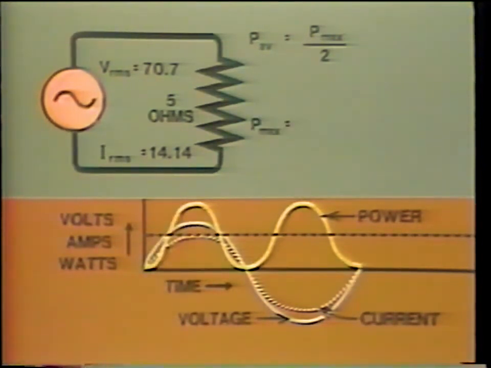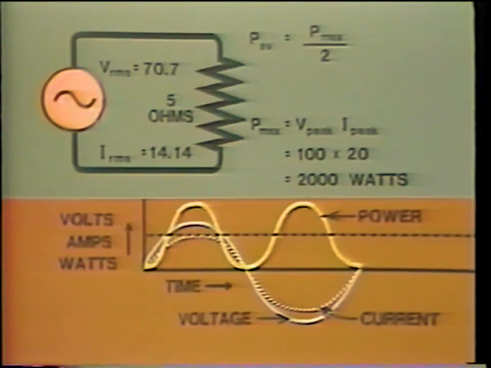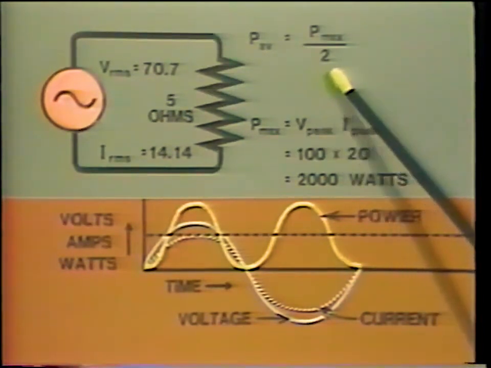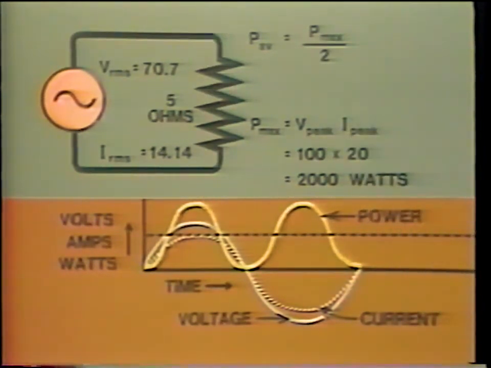The peak value of power is simply the peak voltage times peak current, which equals 100 volts times 20 amps, and this is 2,000 watts. What is the average power over the cycle? As we just saw, average power equals power max divided by 2, which is 1,000 watts.